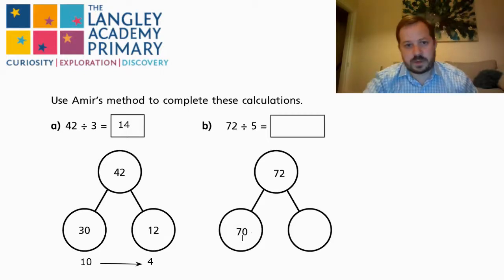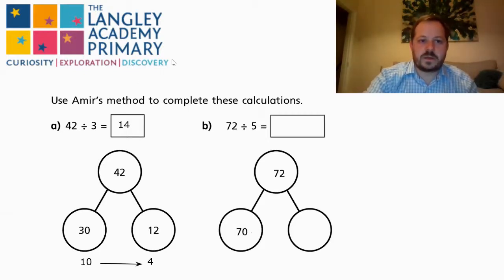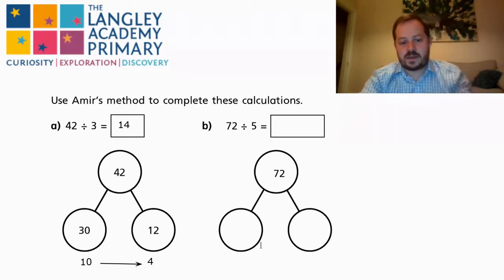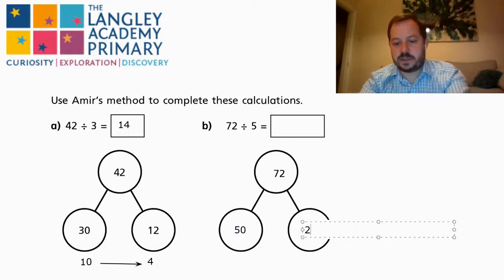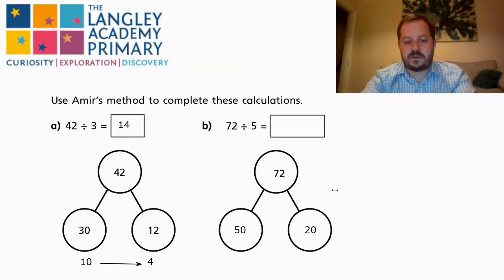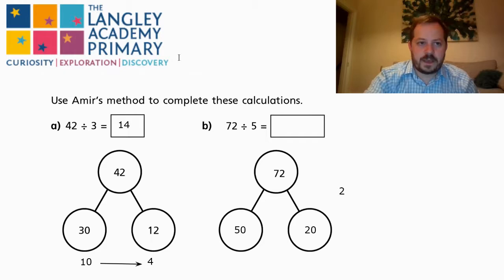Or if I wanted to make my life slightly easier, I could split that 70 into 50 and 20 and have 2 left over. And it's important that I put that 2 here as a separate part, and the reason for that is that this bit is not divisible by 5. So this is going to be our remainder.